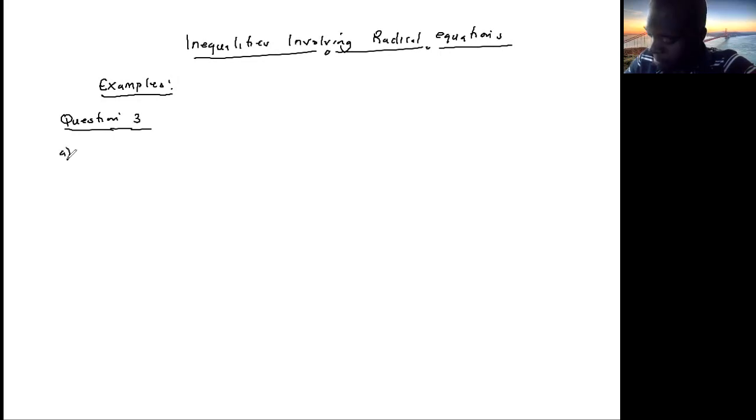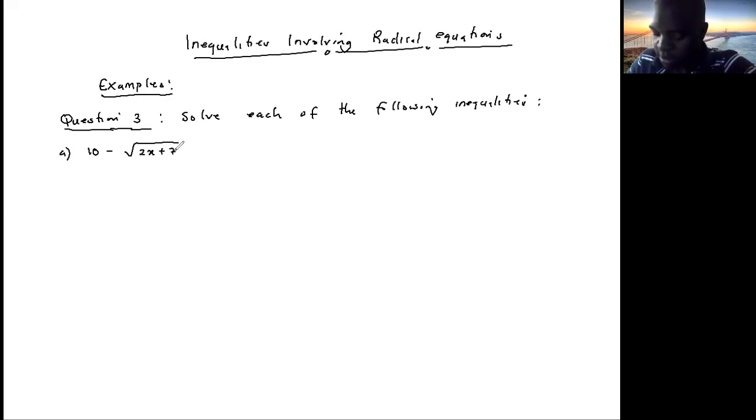A. So the question is: solve each of the following inequalities. A, 10 minus root of 2x plus 7 is less or equal to 3.